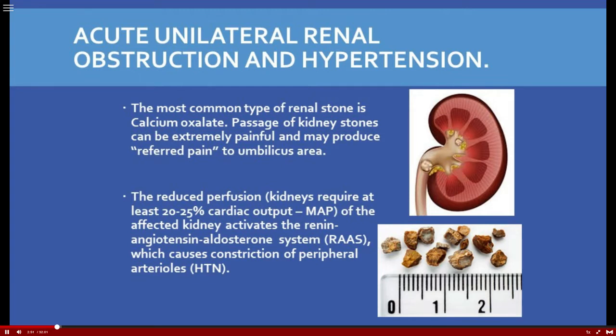So because of that obstruction, in this case, let's talk about kidney stones, they sense that decreased perfusion, and of course it's going to activate the renin-angiotensin-aldosterone system, causing that constriction of those peripheral arterioles, and therefore we have hypertension.